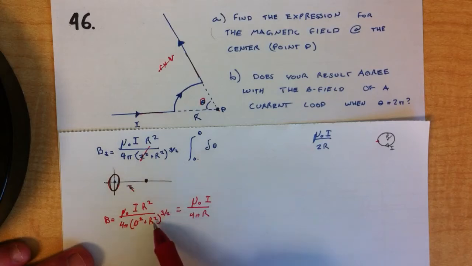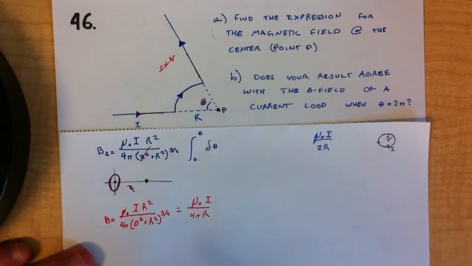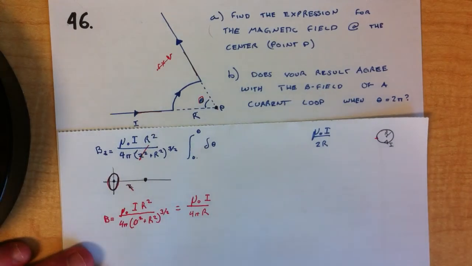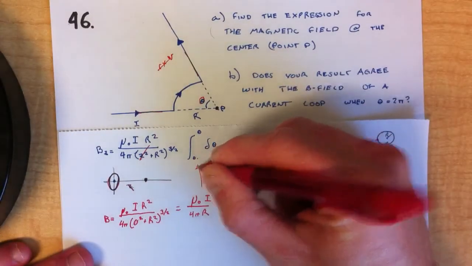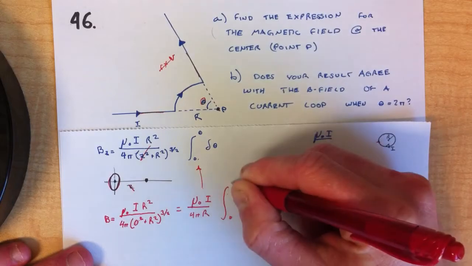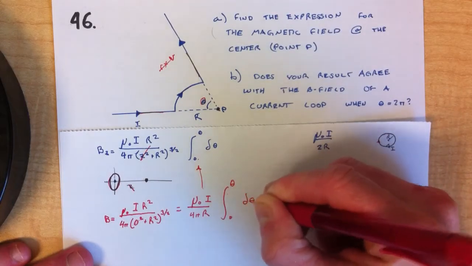We can now bring in this exponent into the parentheses. Then we get an r cubed in the denominator and an r squared in the numerator. We just get rid of the r squared in the numerator and just keep one r in the denominator. Now this guy is still multiplied by our integral from 0 to theta, d theta.